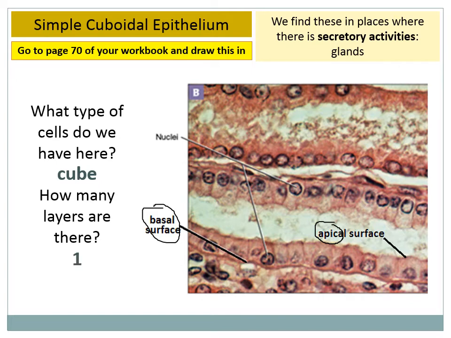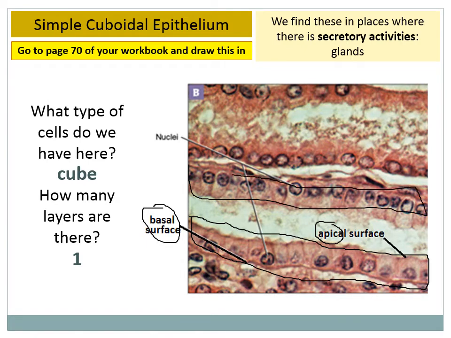So in this, make sure you're only looking at one part. So I'll outline this here. This is one layer here. Okay, and then here's another set of one layer. So hopefully don't let that confuse you. So if we know that we have cube-shaped cells and there's only one layer, that means simple, cube-shaped, cuboidal.